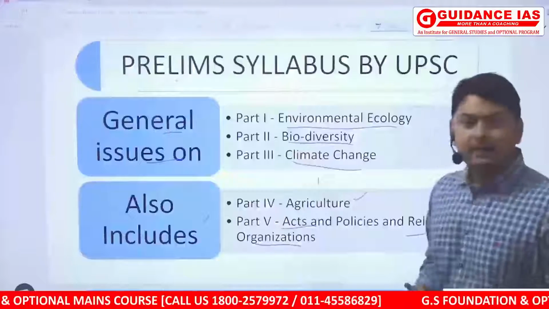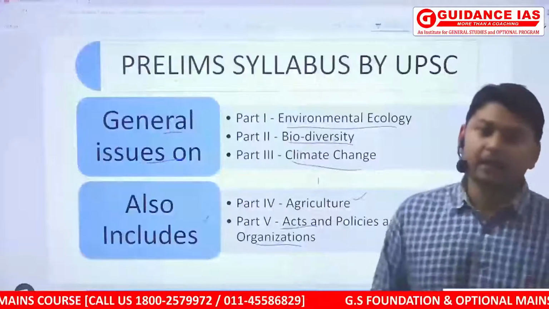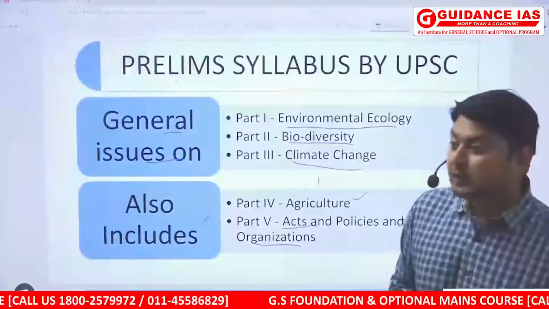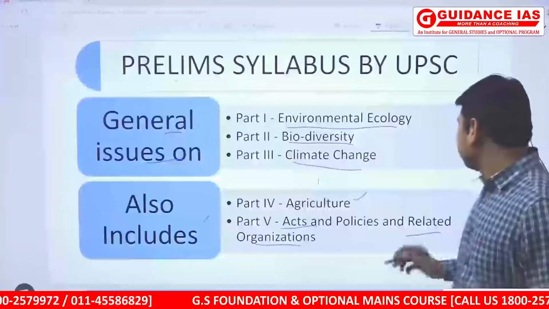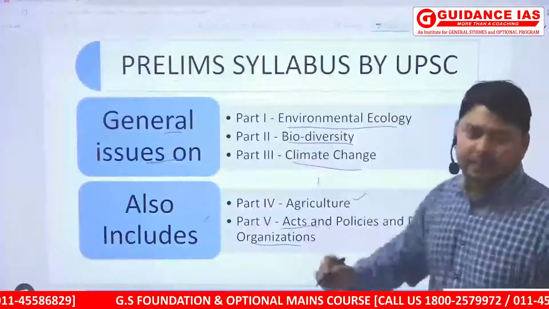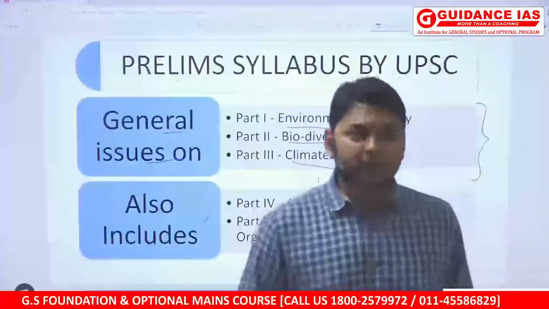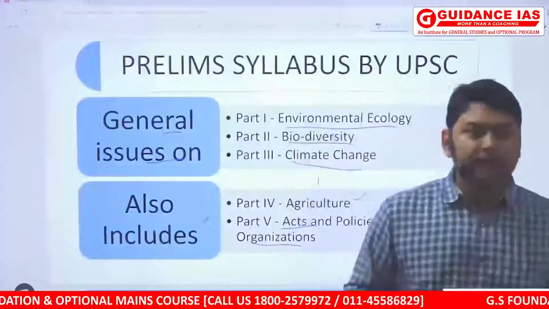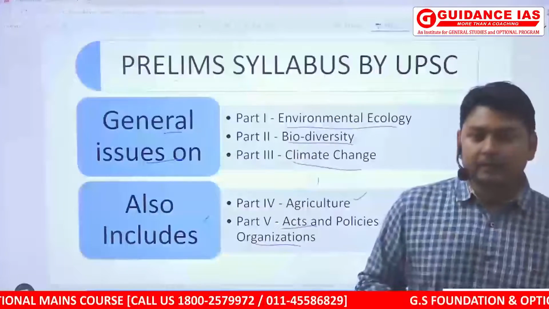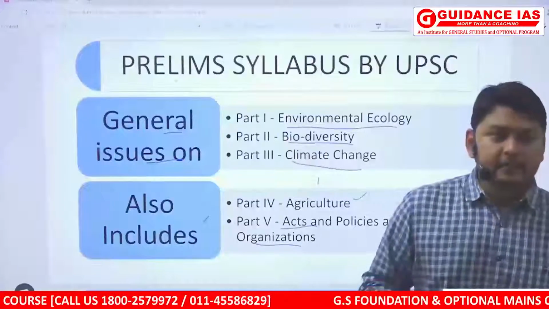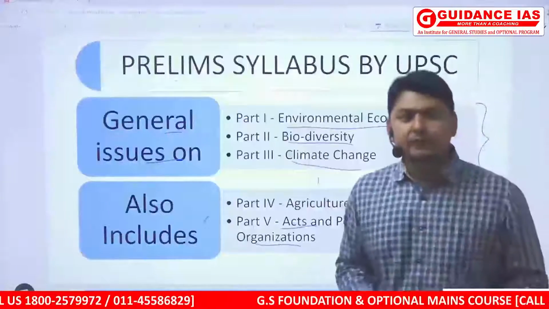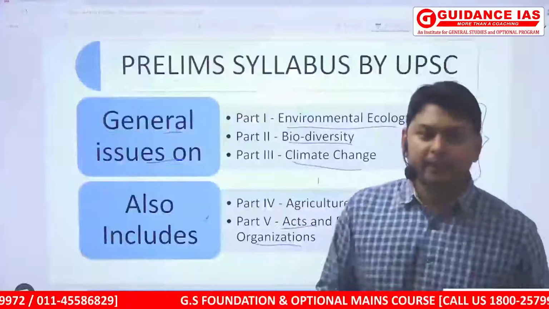Also, there are various conventions that have been formed, followed and ratified. We are going to see all those aspects. There are also related organizations that work for the betterment of our environment, like UNDP, UNEP, and UNFCCC.